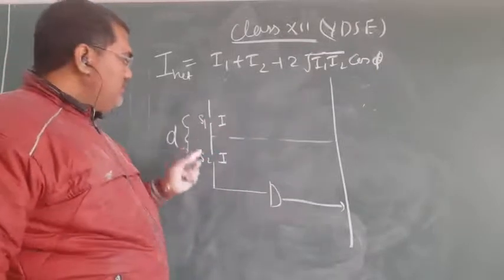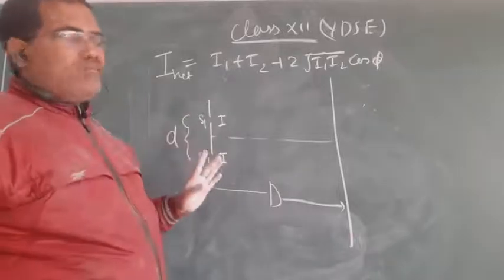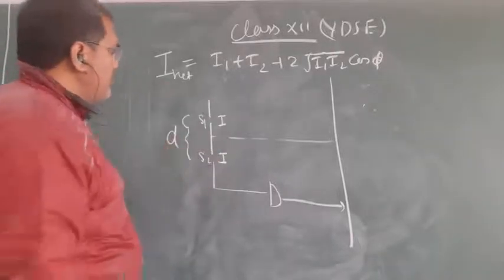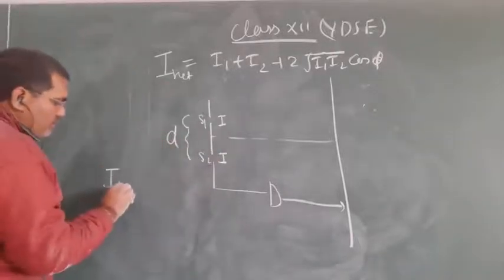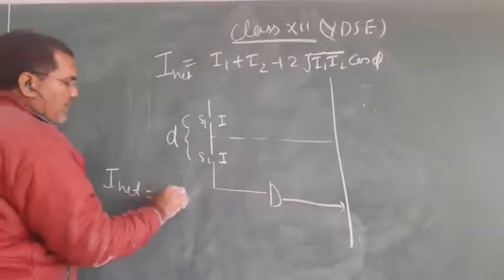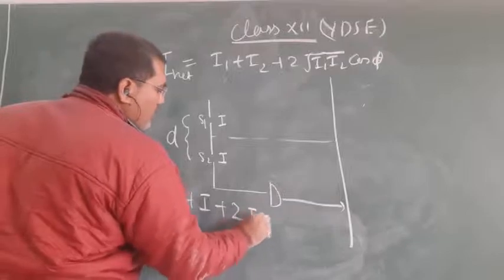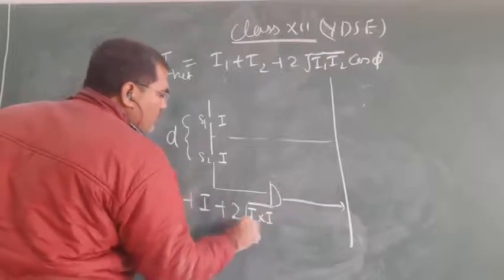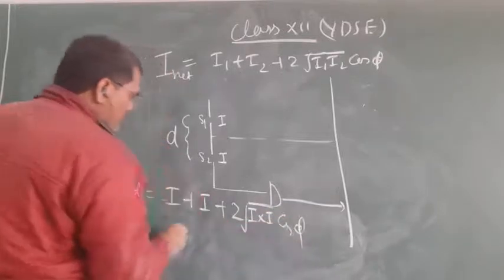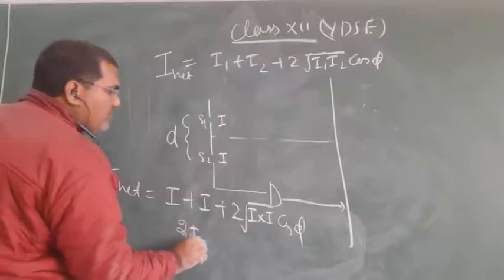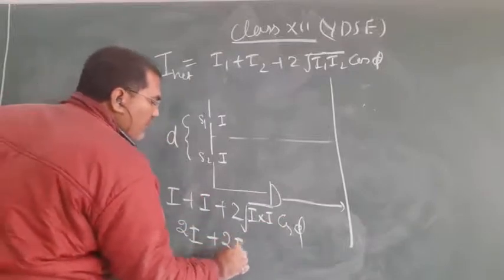But if the intensity of S1 and S2 is the same, say I, then the formula converts to I net equal to I plus I plus 2 root I times I cos phi, so I plus I plus 2I cos phi.